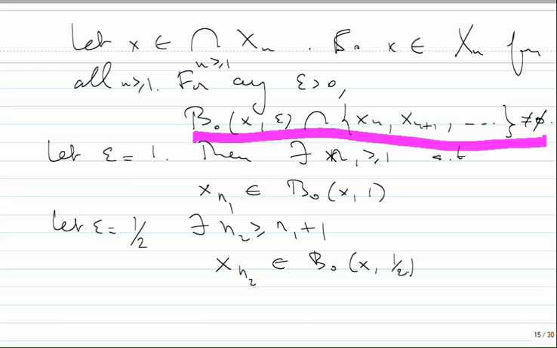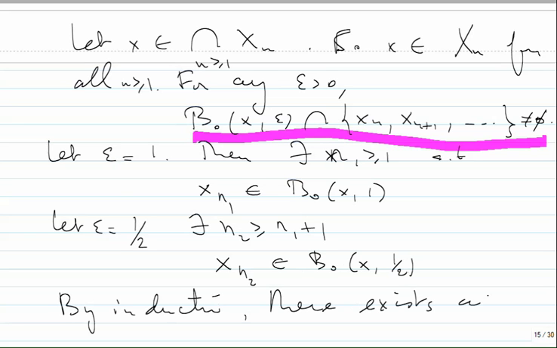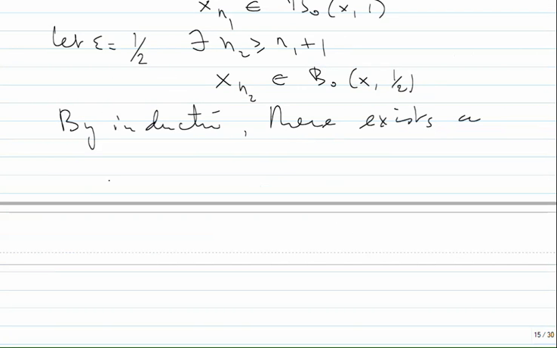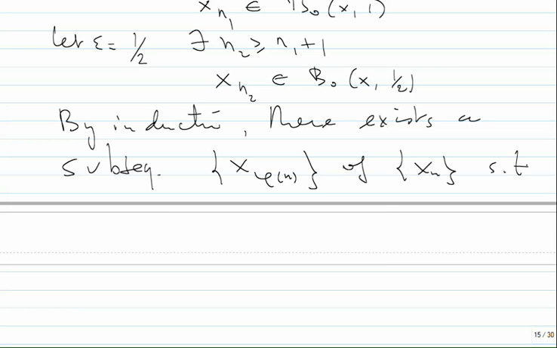By induction, we can build a subsequence x phi of n of xn such that x phi of n belongs to the open ball x, 1 over n.